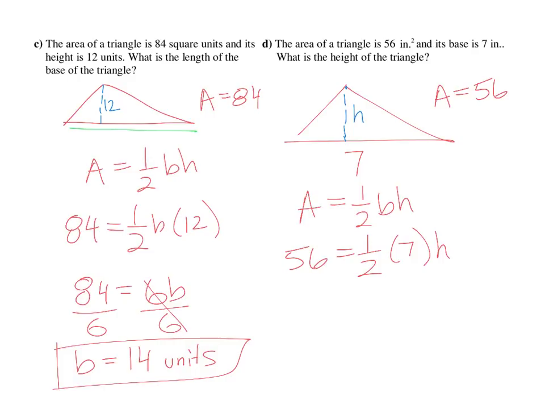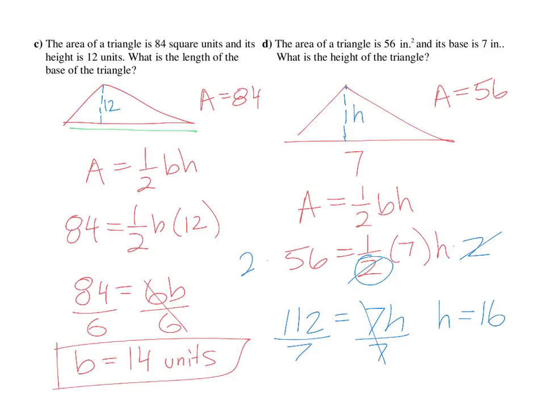To get rid of the fraction, I'll multiply by the denominator on both sides. So it cancels out, and then I end up with 112 equals 7h. I divide by 7, and h is equal to 16. And it's going to be inches in this case. Done.